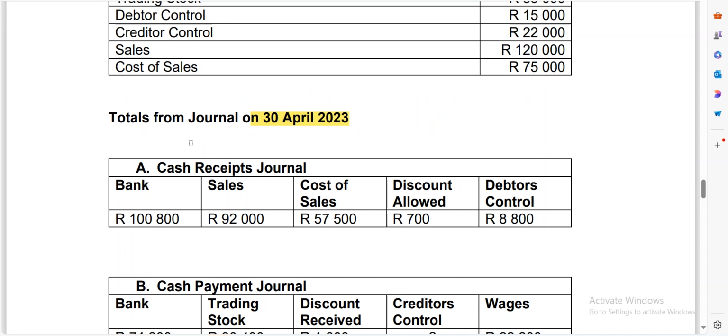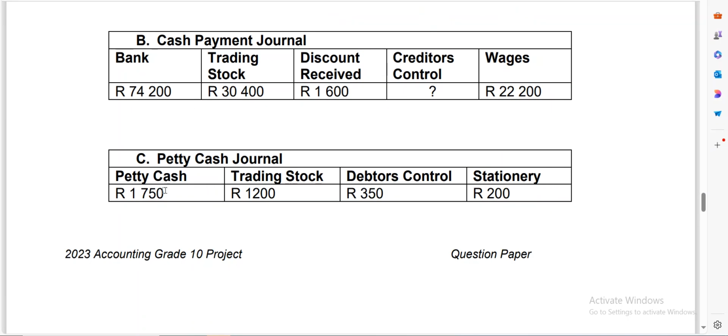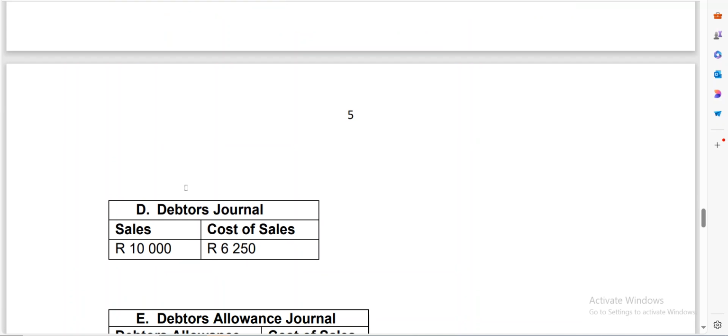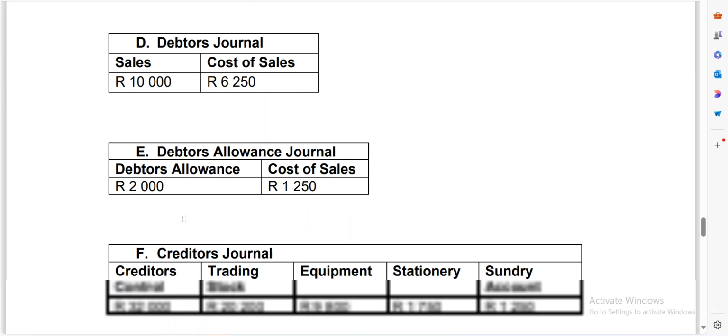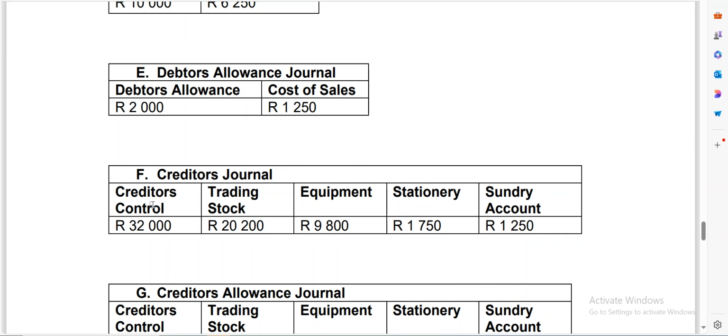So we've used the one that we got in the CPJ. We don't have it in the PCJ, we don't have it in the DJ, we don't have it here. Creditors control, we do have some stock bought on credit, right? So which means that our liability is increasing here because we bought these things on credit. Now when it's like this, you don't record these things individually.